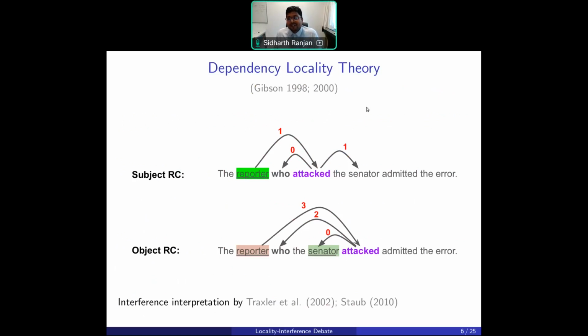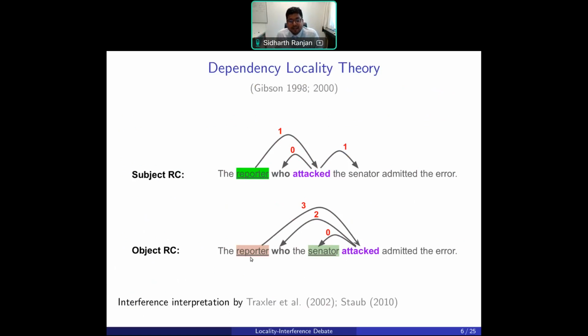The effects of dependency locality have also been quite attested in the sentence comprehension literature. In this case, object-relative clause structures are in general more difficult to process and comprehend than subject-relative clauses, and they have been duly explained using the locality principle.